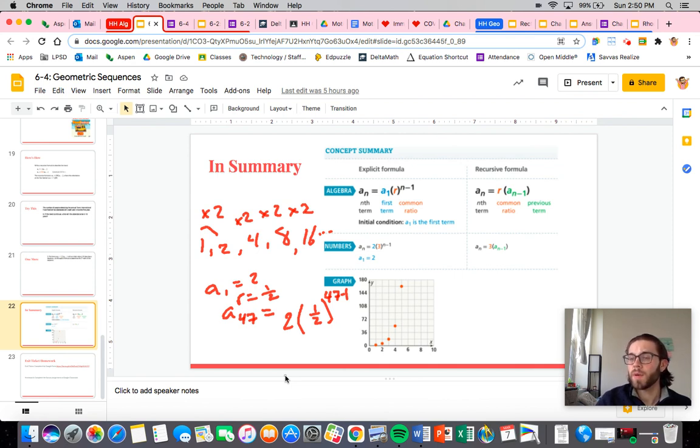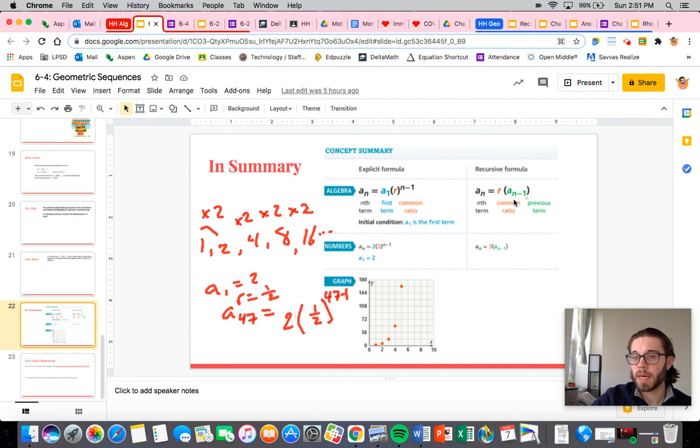If you have to just find the next term, or maybe 1 or 2 away, the recursive formula is very useful. So the recursive formula, much like the recursive formula of the arithmetic sequence, basically says the following. If I want the nth term, well, that's easy.